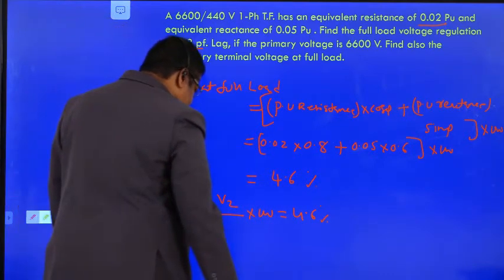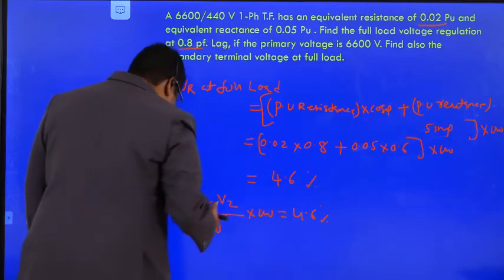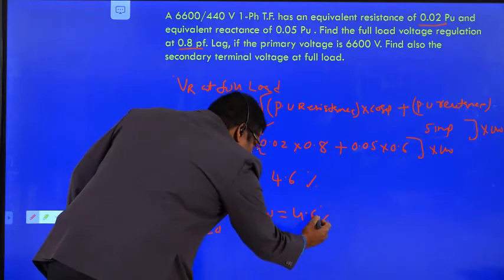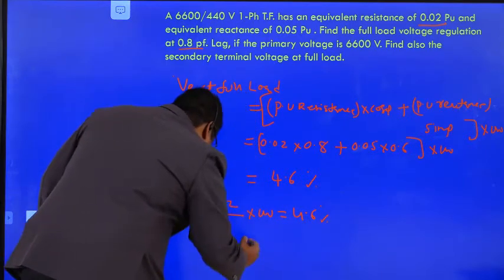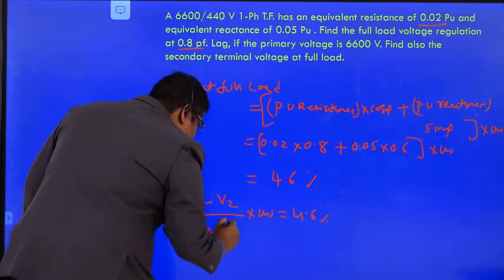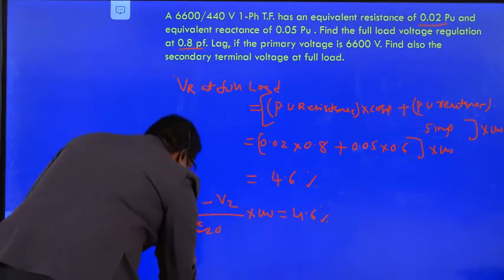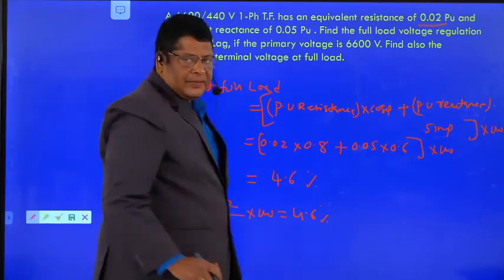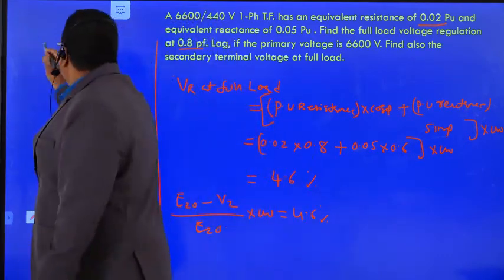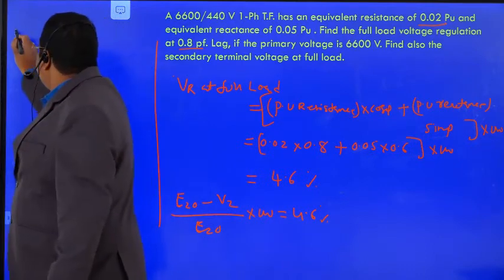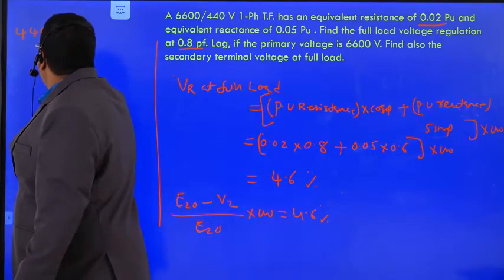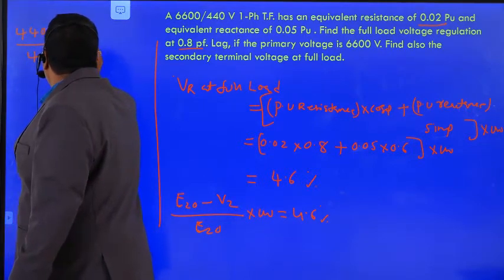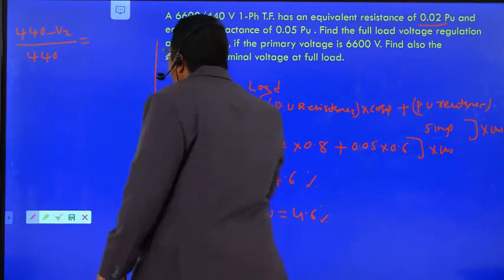So we can write this as 4.6 divided by 100. If we take E2 naught value 440, the same equation becomes (440 minus V2, which we have to calculate) divided by 440, equal to 0.046.